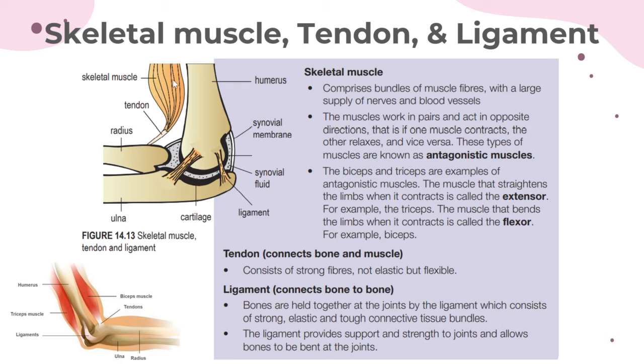So these are examples of the skeletal muscle. This one is also skeletal muscle that consists of muscle fiber, a nerve, and also blood vessels. You have to remember that skeletal muscles work in pairs and act in opposite directions.